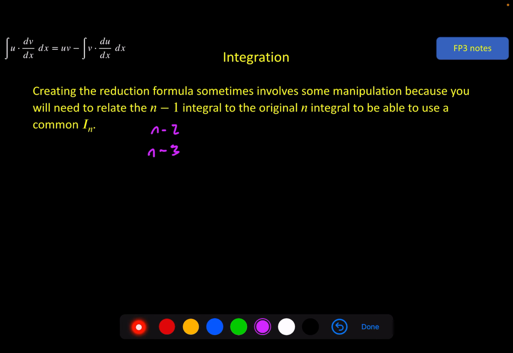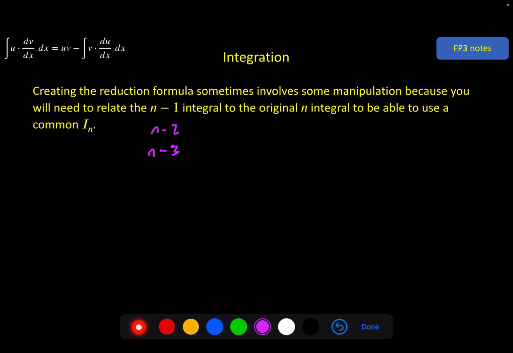And manipulating that to get your reduction formula in the first place can be quite difficult. But once you've got it, it cuts out most of the integrating work that you would have had to do if you weren't going to use this method.